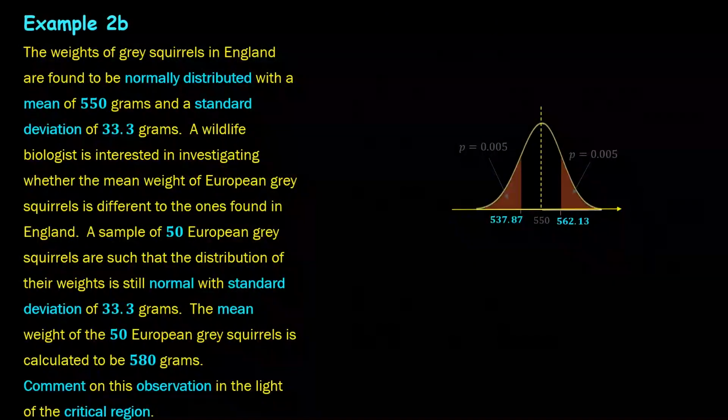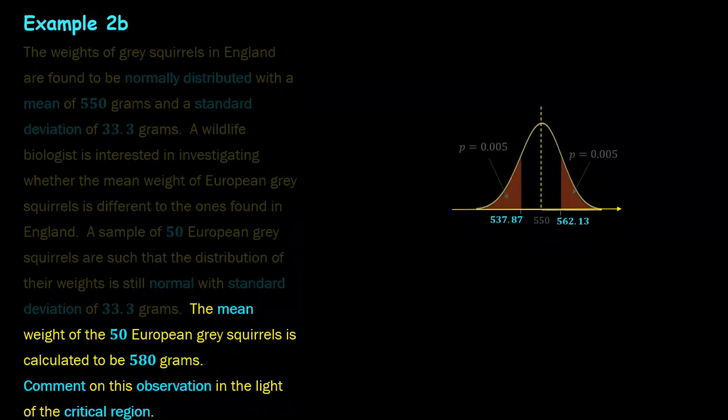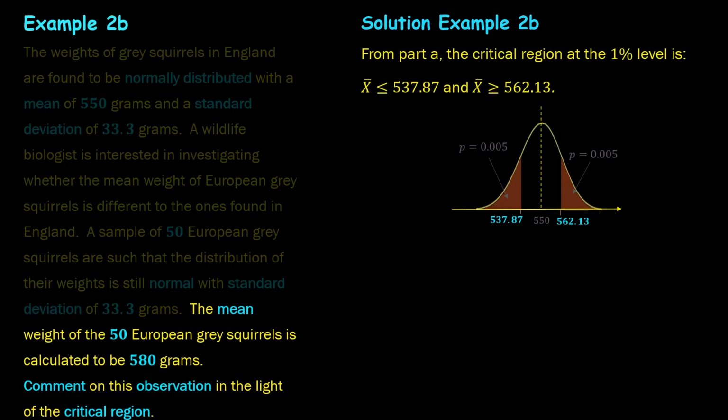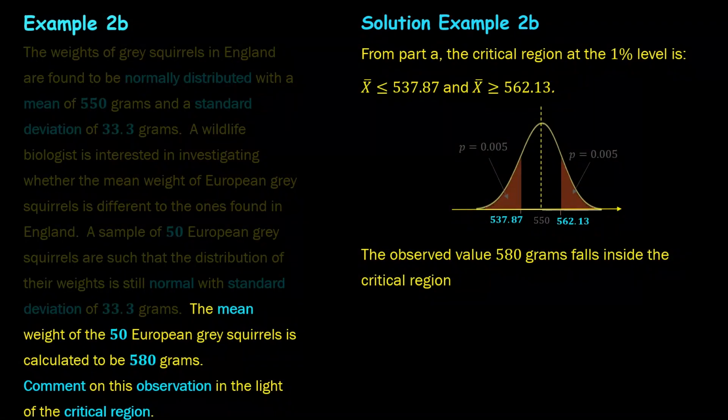Now let's take a look at part B. The mean weight of the 50 European grey squirrels is calculated to be 580 grams. Comment on this observation in the light of the critical region. So let's solve this. From part A, we know what the critical region is. The observed value, 580 grams, falls inside the critical region.